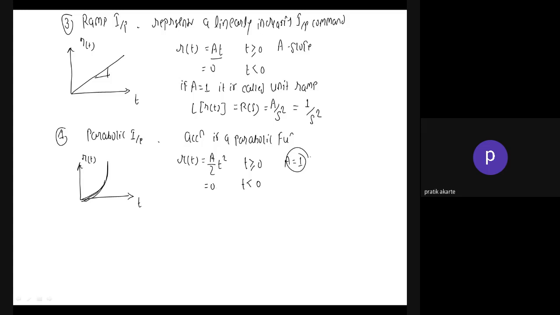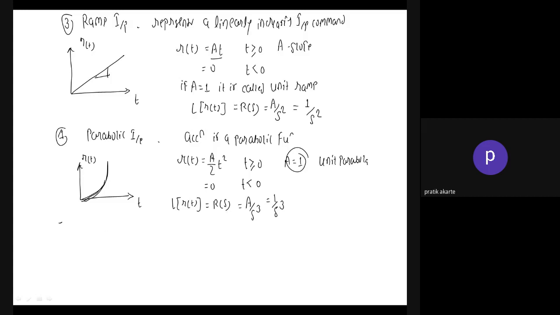If we take the Laplace of this r of t, it is going to be R of s equal to A upon s cube, or when it is a unit parabola, it is 1 upon s cube.